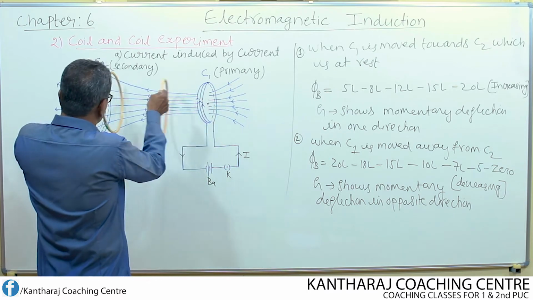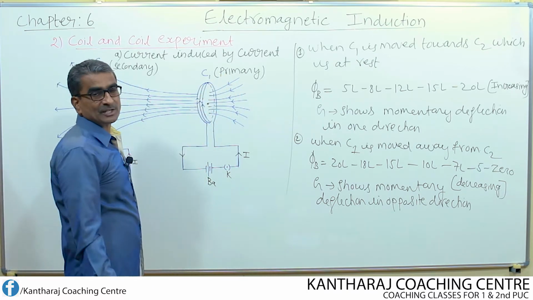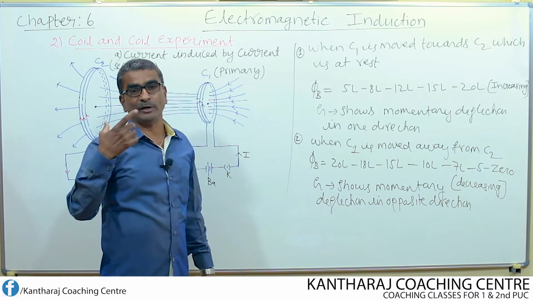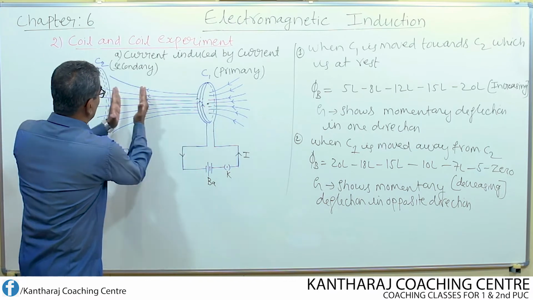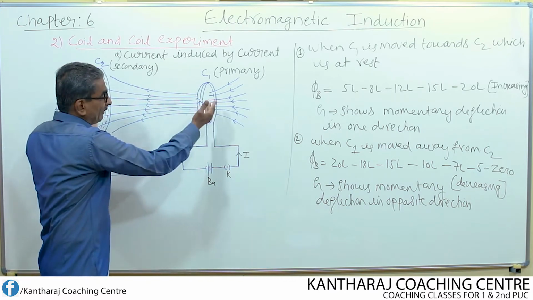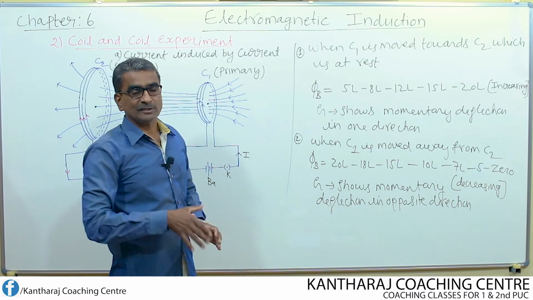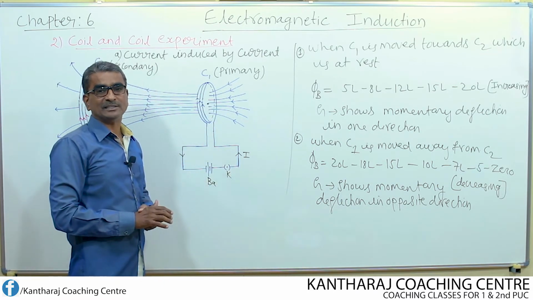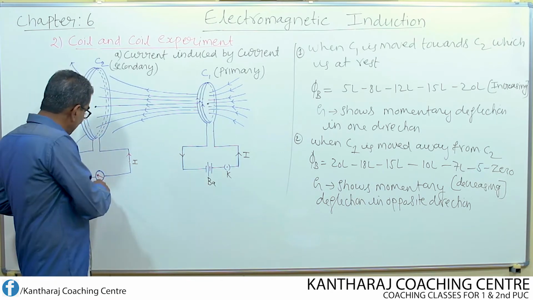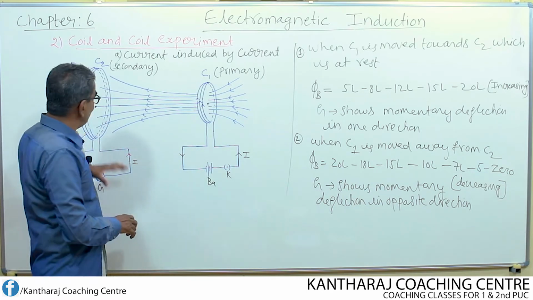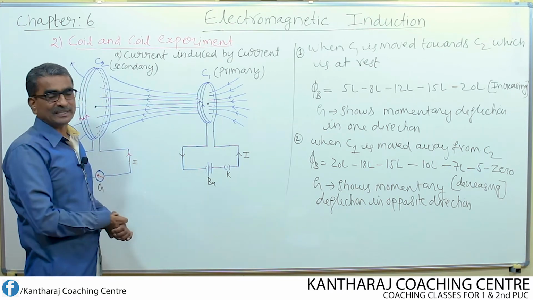Then the deflection in the galvanometer is going to increase, because the relative velocity when both the coils are moved towards or away from each other is going to increase. So that is one method of increasing the induced current or the deflection in the galvanometer. Once the current increases, the deflection also increases.